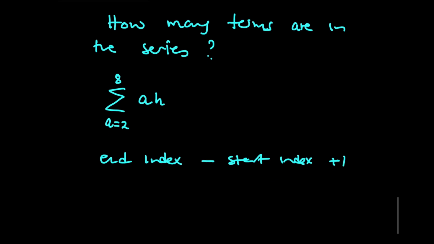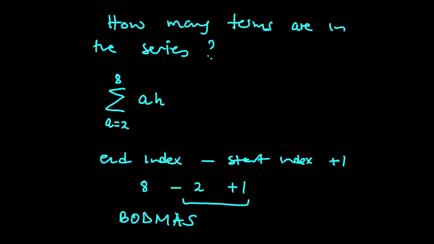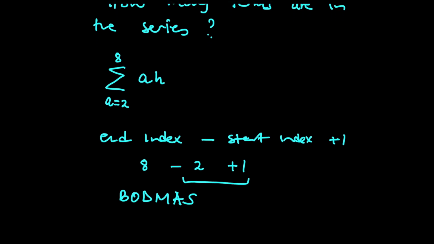That is going to give you the number of terms in the series. So the end index is 8 minus 2 plus 1, right? So BODMAS. Minus 2 plus 1 is minus 1. So 8 minus 1 is 7. So there are 7 terms.